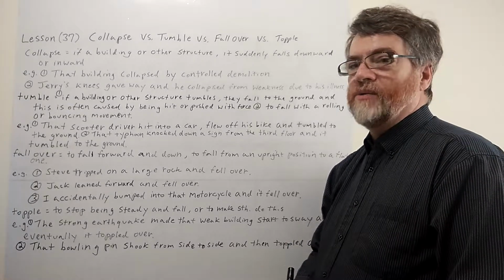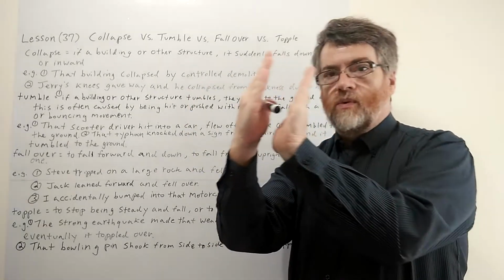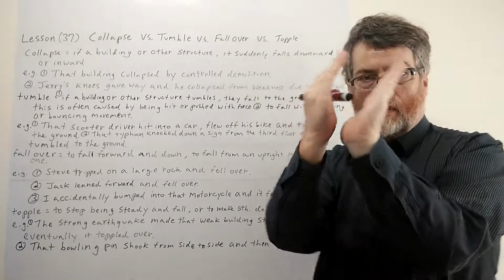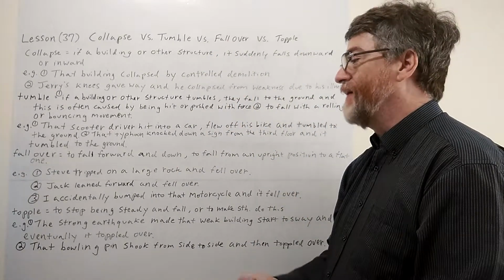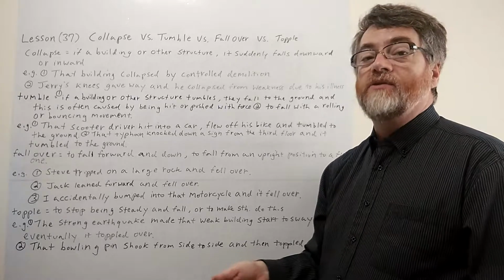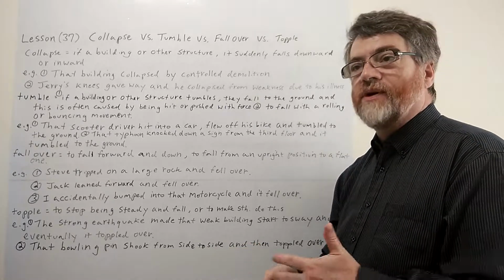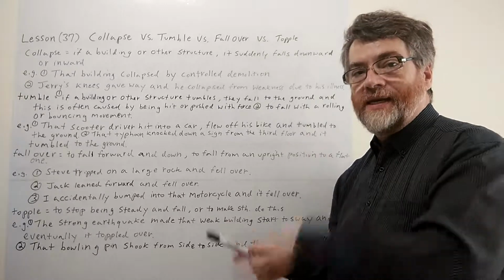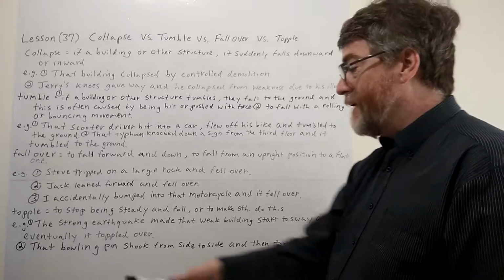The building was slightly shaking. The building was going, whoa, whoa, whoa, and then it finally gave way. It finally fell down. So we're more likely to use topple in that sort of situation. It was unsteady for a period of time, then it goes down.